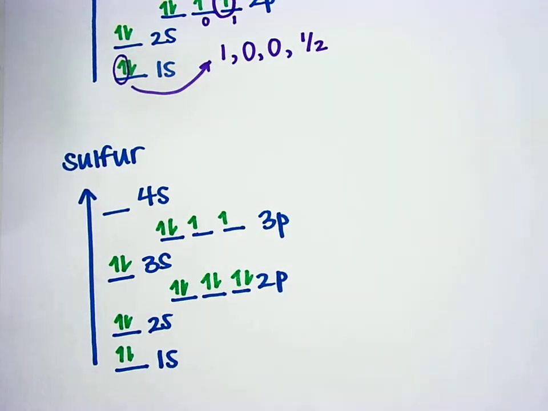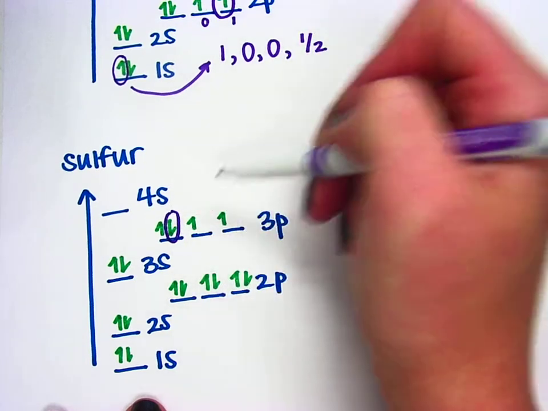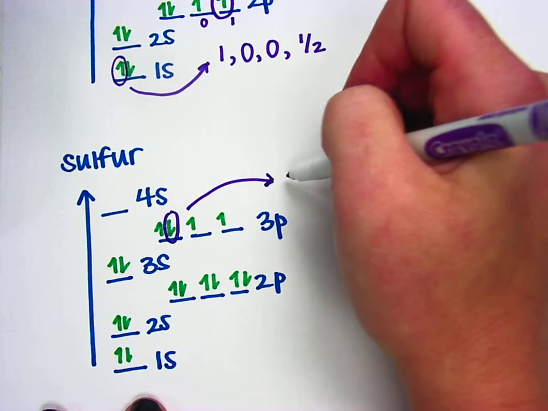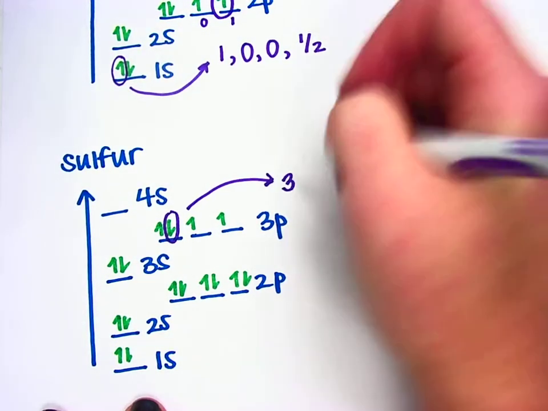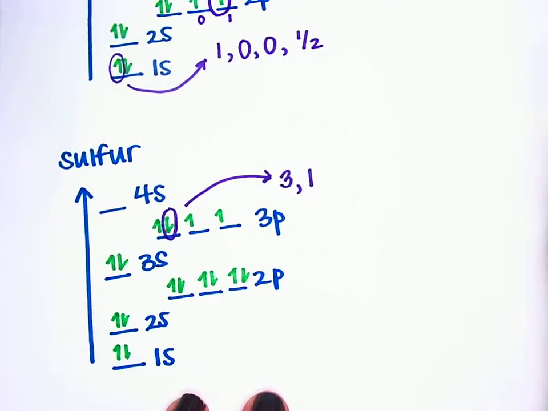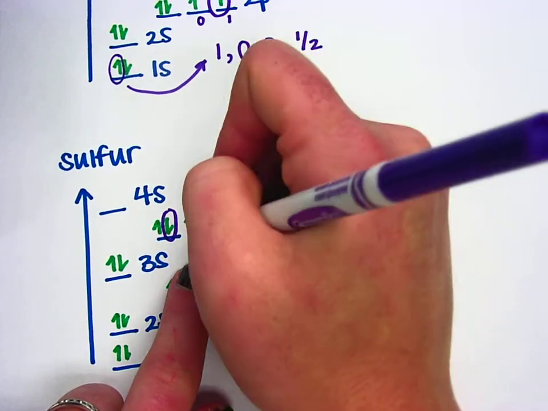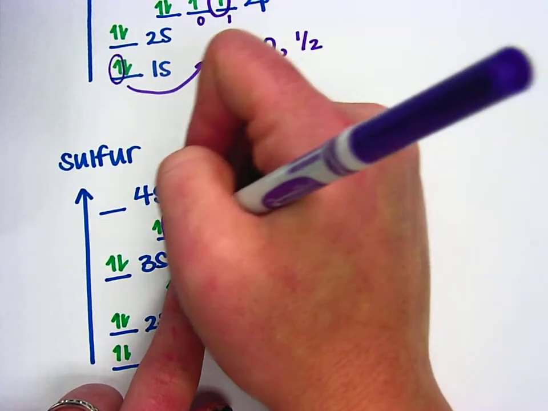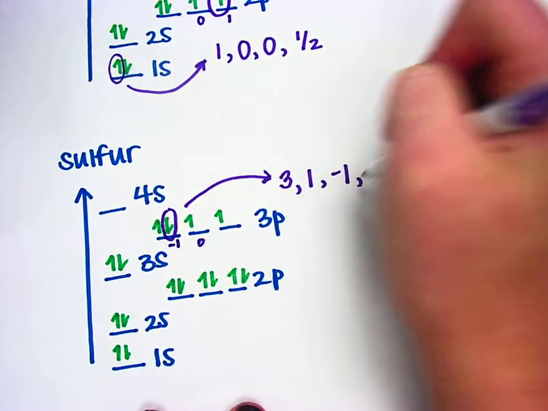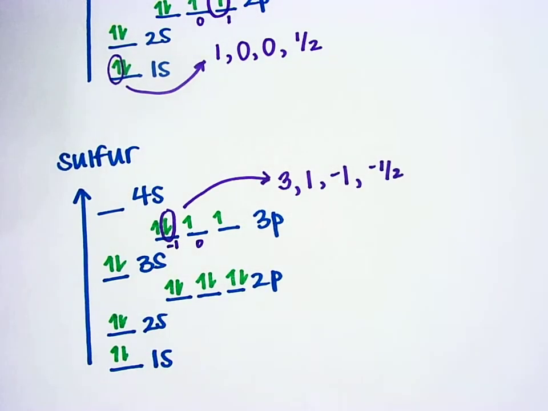So I asked you to do the last arrow that you added, which would have been this one. So the first thing I'm going to have is the number, or the energy level, which is 3. Then I'm going to represent P, and P is a number 1. And then I need to say which line I put my arrow on. Remember, you always start in the middle with 0, and then this line would be -1. So -1, and then my arrow was going down, so it would be -1/2. And that is your quantum number.